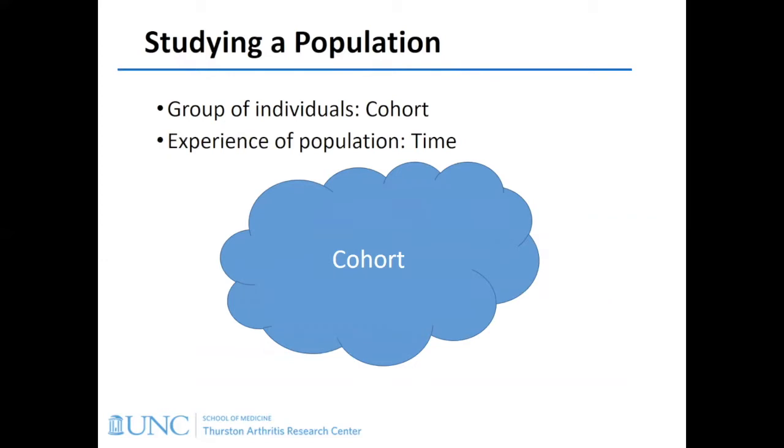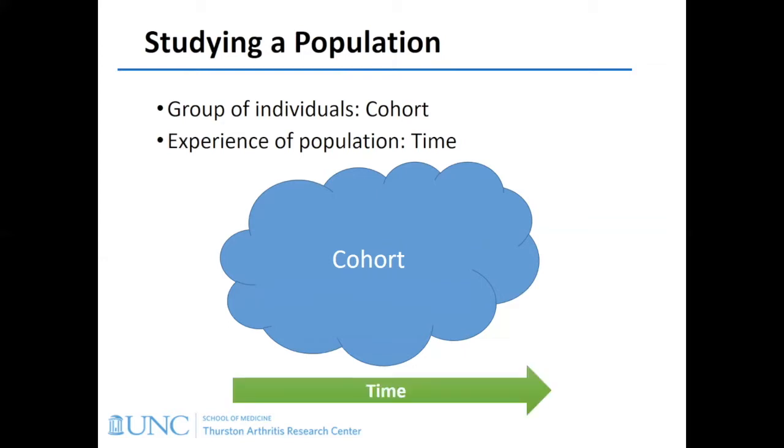I have these figures here to try to walk us through what we're looking at. A cohort, we need to define it when we're doing our research. But a cohort is a group of people. That population may be changing with time, with some people entering the cohort, some people leaving the cohort. That's why it's drawn here in this cloud, indicating that it's not always well defined until we as researchers come in and define what cohort means.